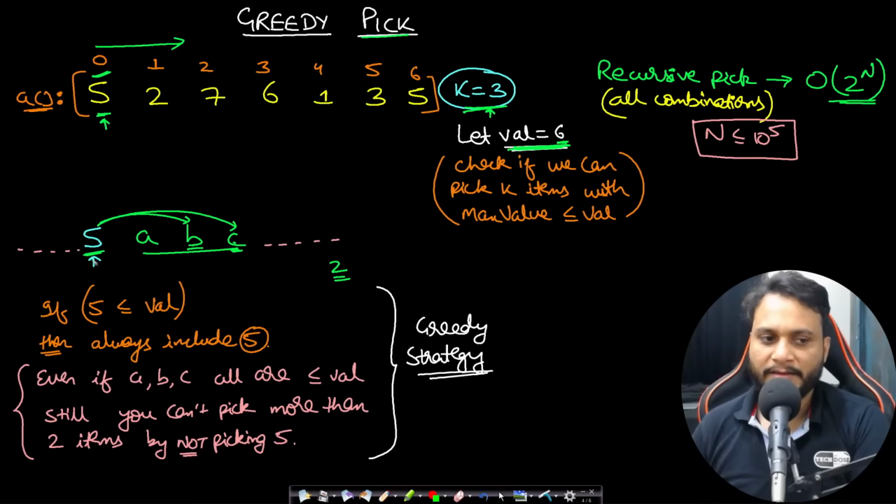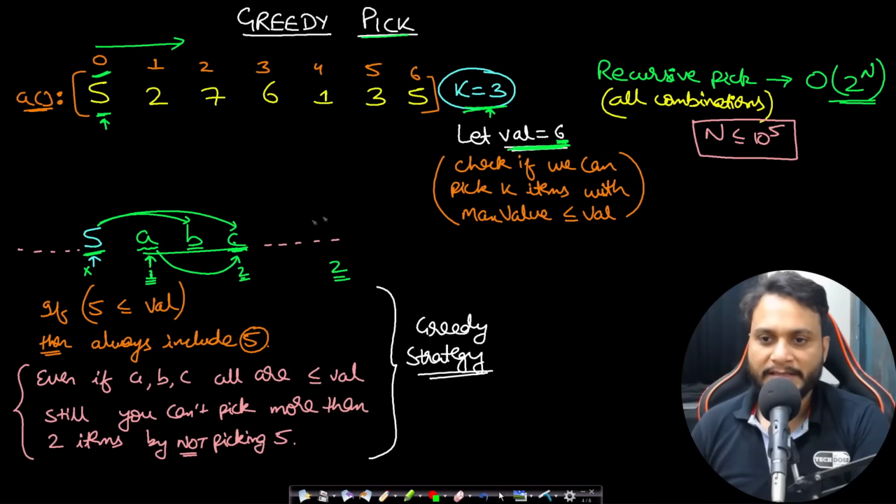But let's say that you do not pick this 5 even after knowing that 5 is following the condition. Let's say you pick A because A is less than or equal to the value. So this is your first pick. Even after this first pick, you just have an option with C. If C is less than or equal to the value, then only you can pick C and get 2 picks.